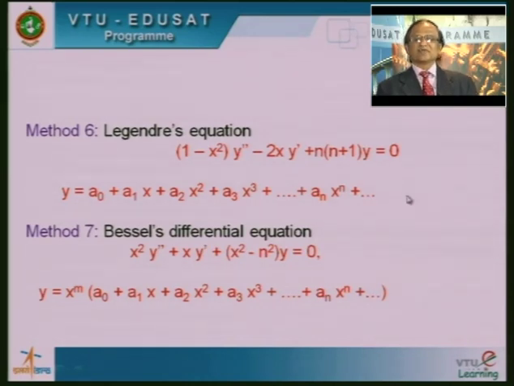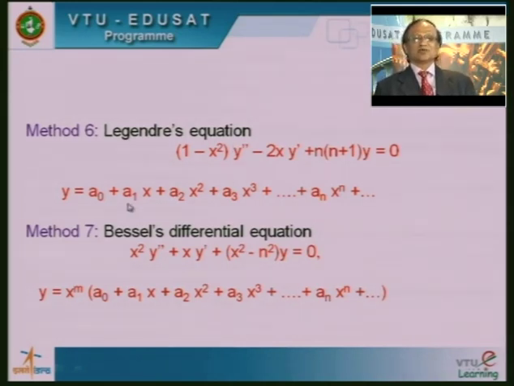Its next term, if you are willing to write, you can write a suffix n plus 1 into x to the power n plus 1 and so on. Is it clear? By assuming this, you are able to find the solution of this differential equation, and this is also called the Legendre differential equation.